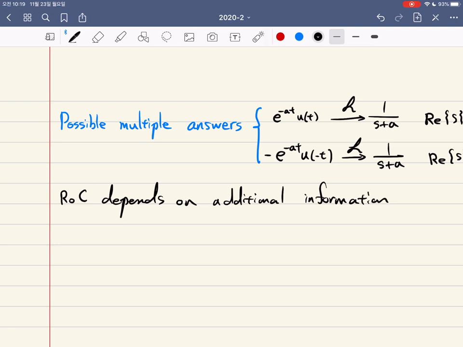The representative additional information will be stability and causality.